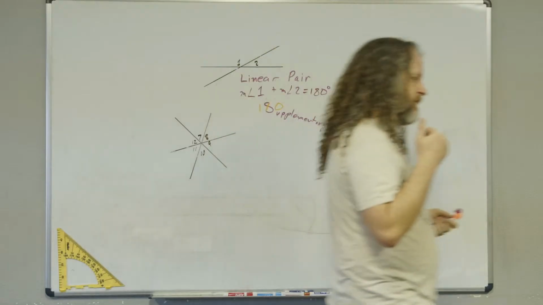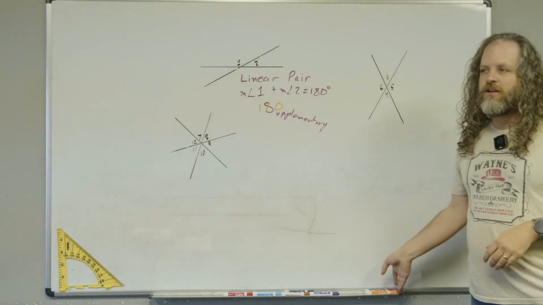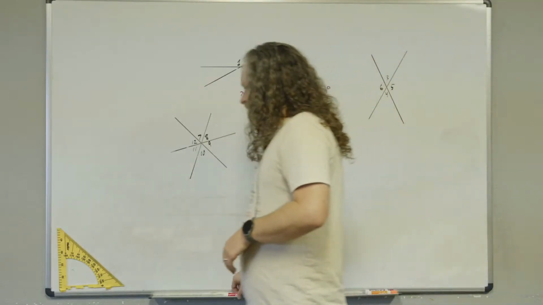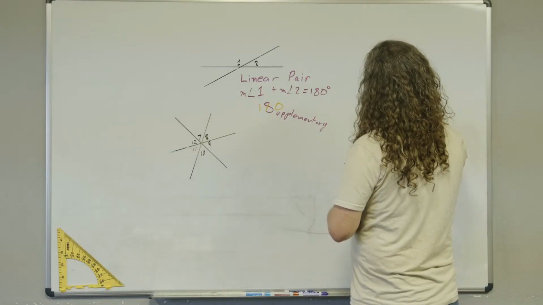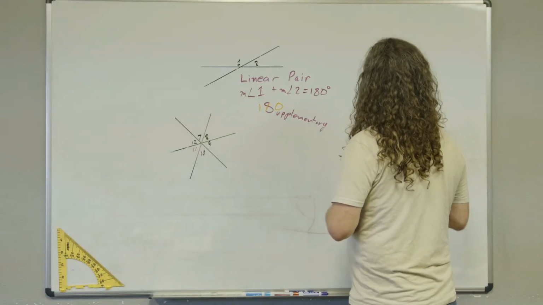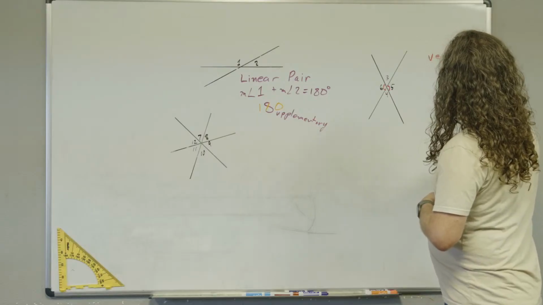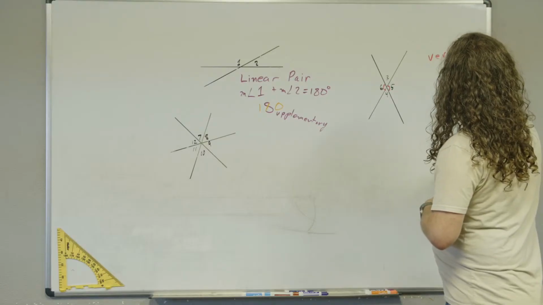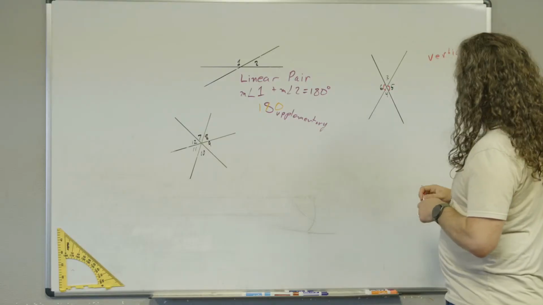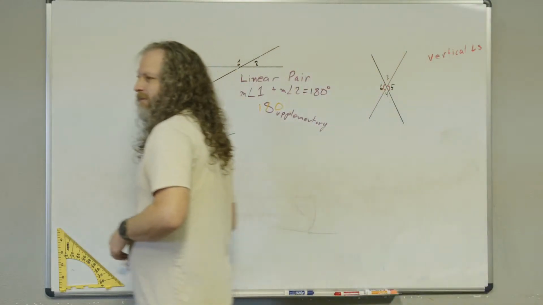Okay, so that's that. What about over here? What are 6 and 5? They are vertical angles. That's true. 6 and 5 are vertical angles. Vertical angles. What are 3 and 4?